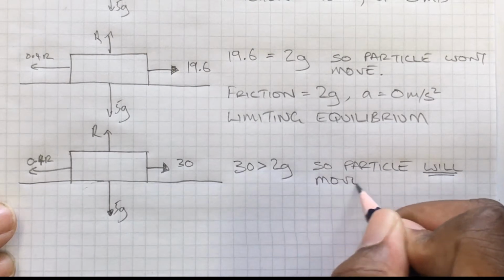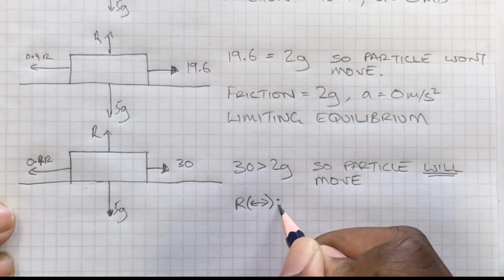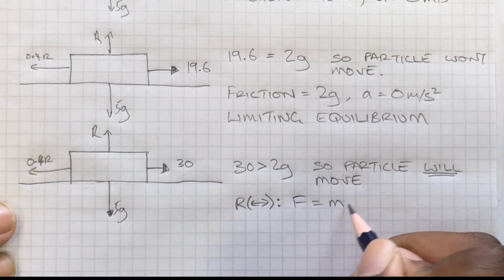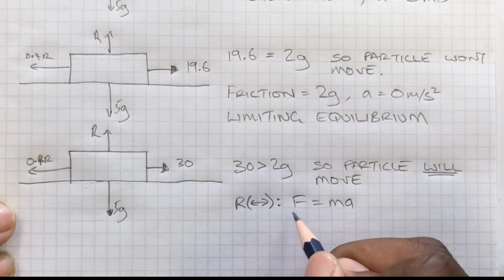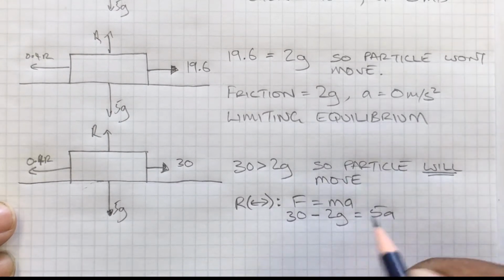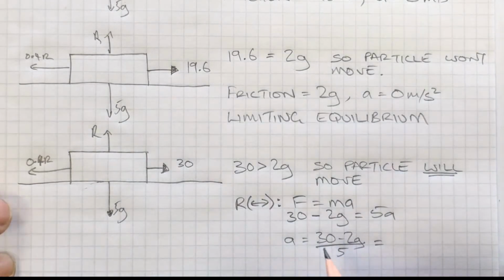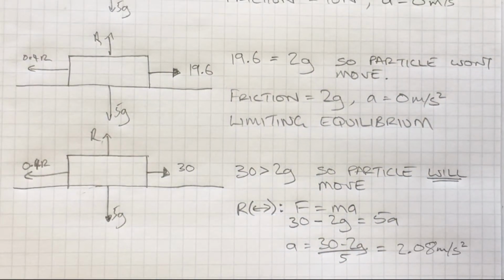So we can go ahead and make use of Newton's second. So resolving horizontally, we get our resultant force of 30 minus 2g equals the mass times the acceleration, and some rearranging gets us an acceleration of 2.08 meters per second squared.